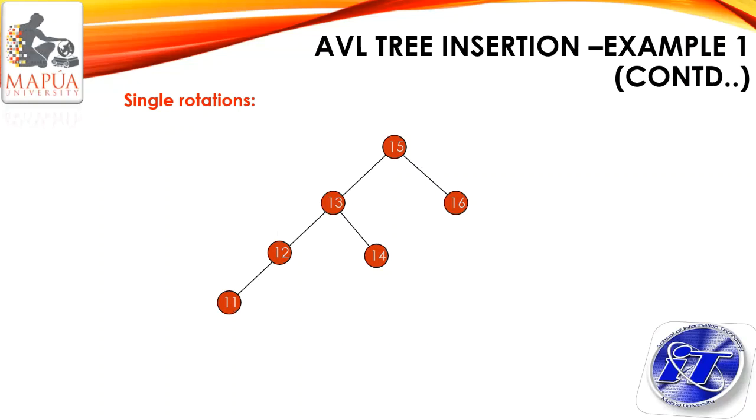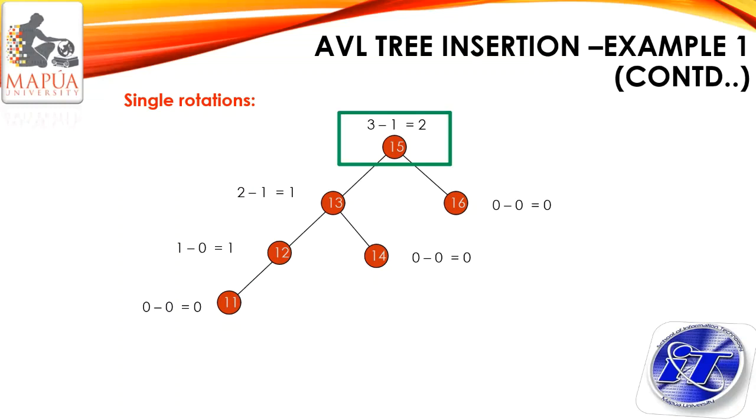Let's check if all BF are still okay. So for 11, 0 minus 0 is 0. 12, 1 minus 0 is 1. 13, 2 minus 1 is 1. And 14, 0 minus 0 is 0. 16, 0 minus 0. But for 15, 3 minus 1 is 2.